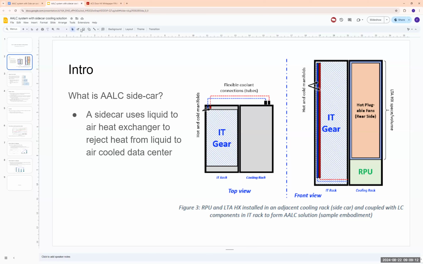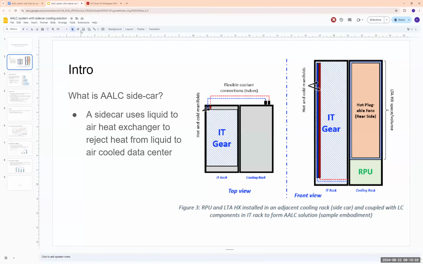Is everyone able to access that? Let me try. Would you show where the presentation is exactly?